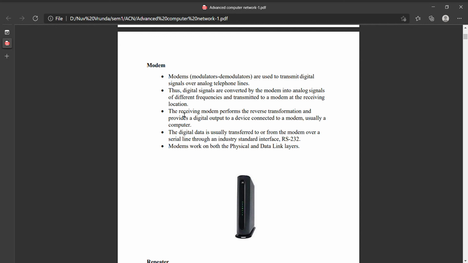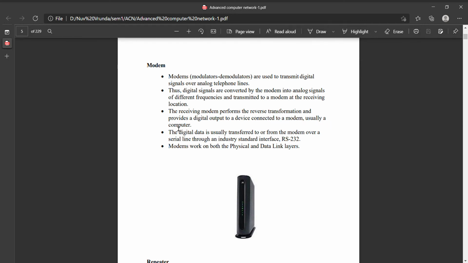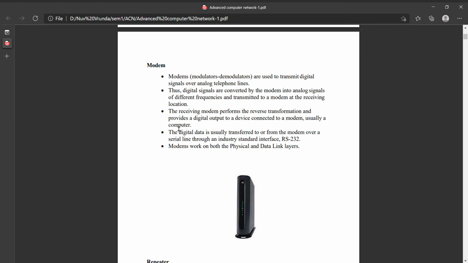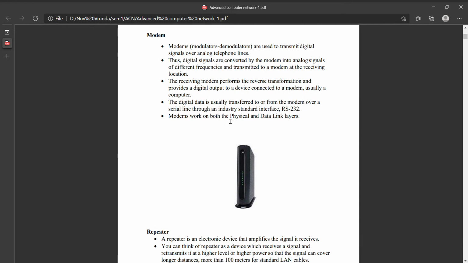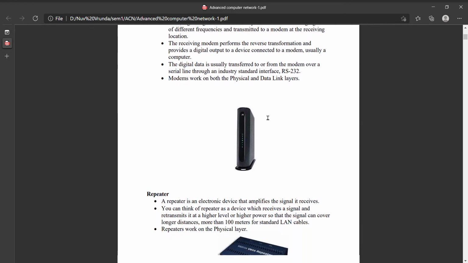The receiving modem performs the reverse transformation and provides a digital output to the device connected to it, usually a computer. Okay, a modem works on both the physical and data link layers.